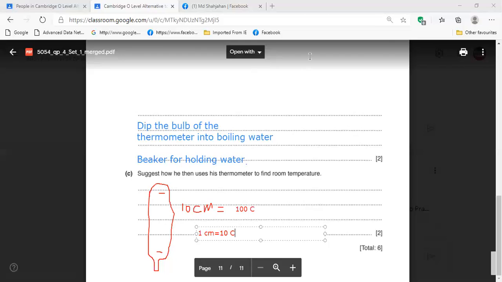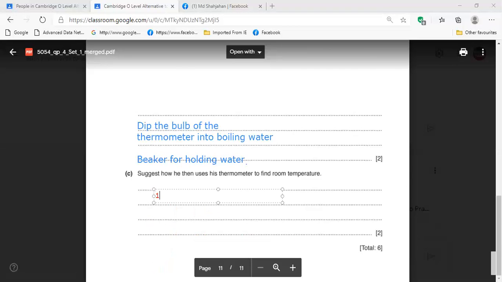Okay, whatever we discussed, the conclusion is: number one, calibrate the thermometer. This is the first one.